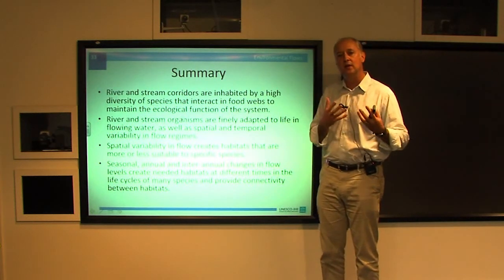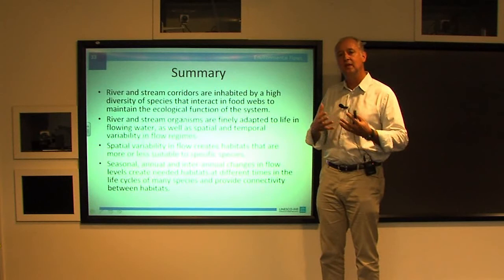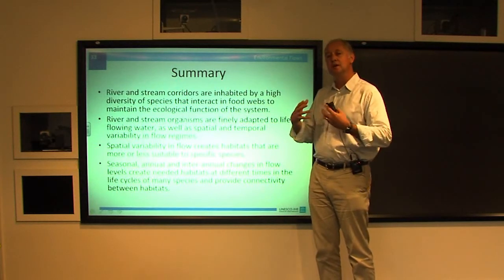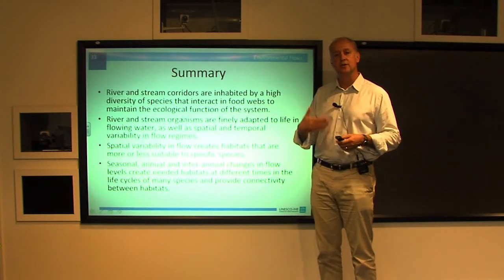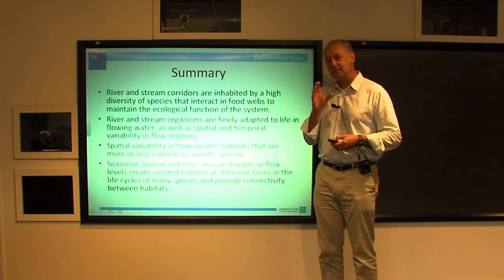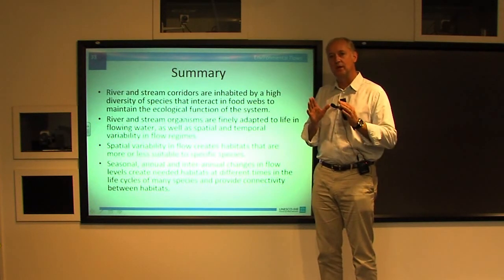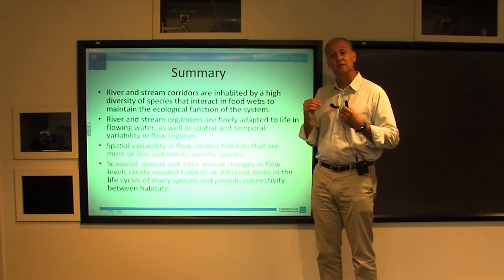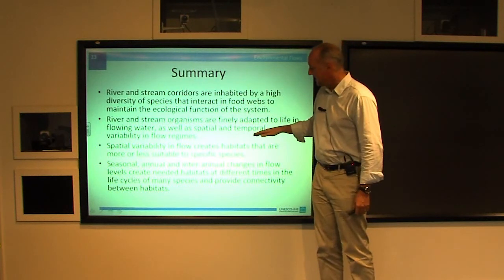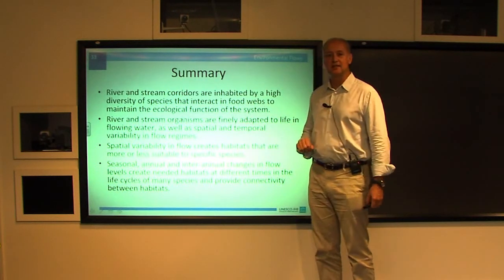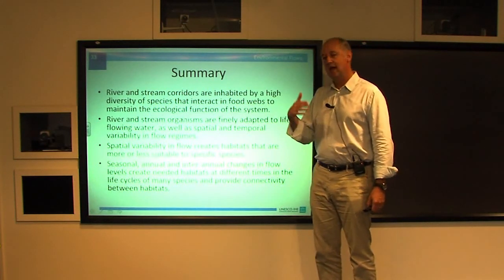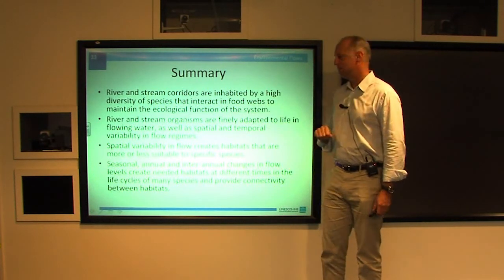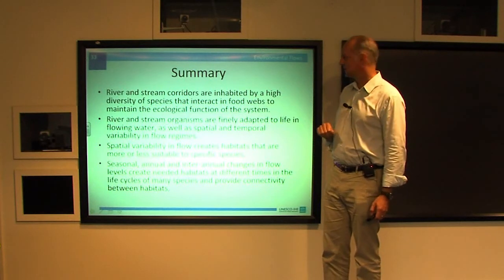A critical relationship between flow, biotic structure, biotic function, and the services that are derived from them. It's for those reasons that we're working to preserve an environmental flow regime that makes these habitats available, sends the proper cues to organisms, and the many other important aspects that we've touched on in this lecture.